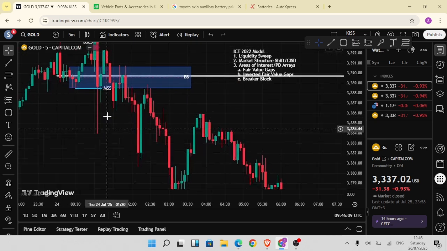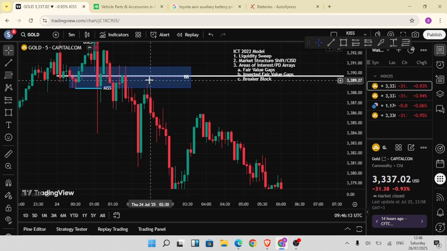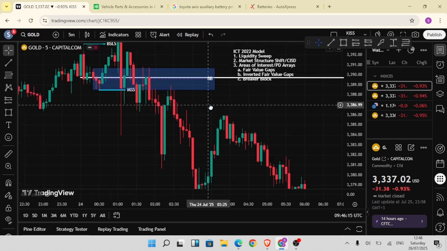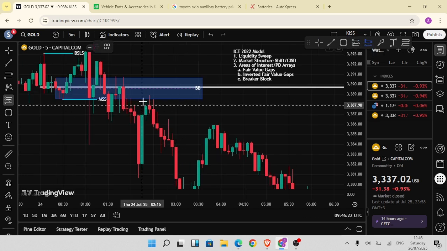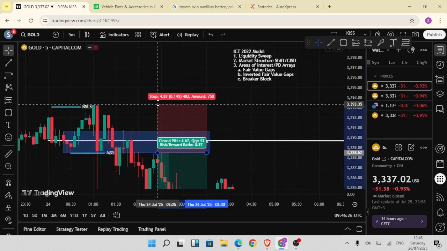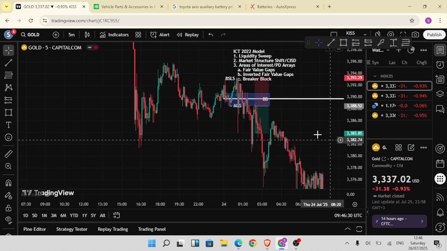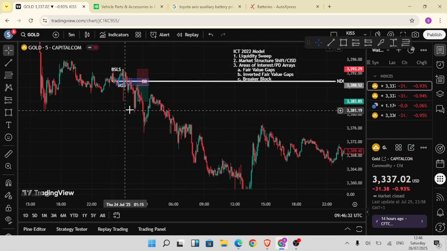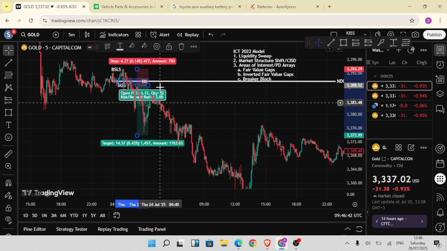So you'll notice market structure shift, price trades lower and comes to tag our breaker block. The moment it tags the breaker block, we enter, execute our trade, stop loss right above this high. We want to target a 1 to 3 right there.